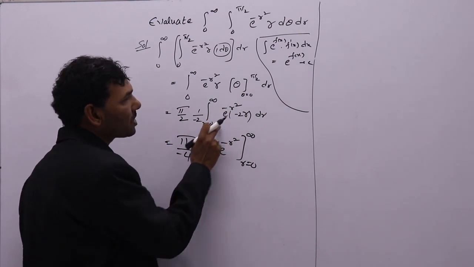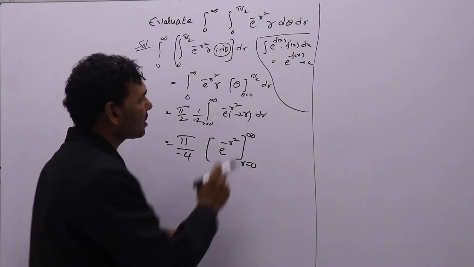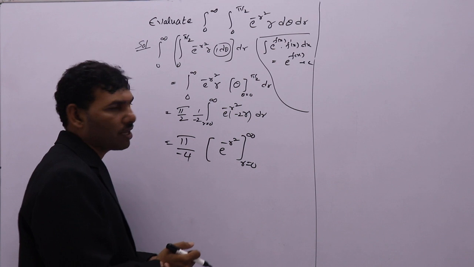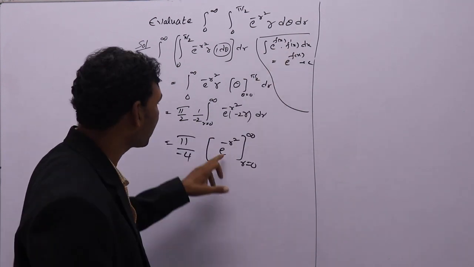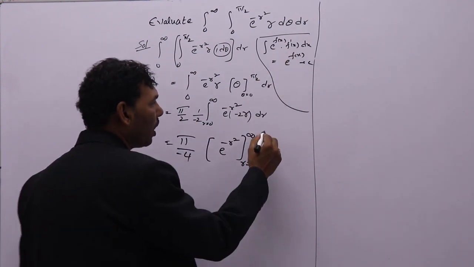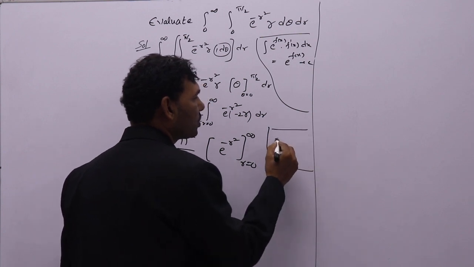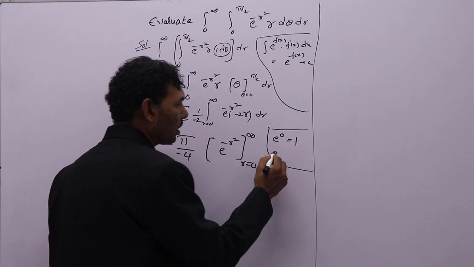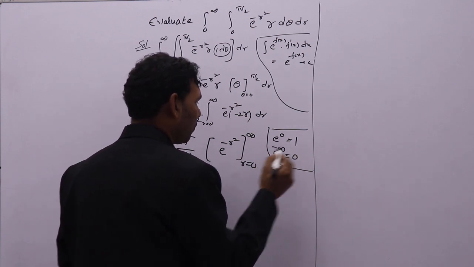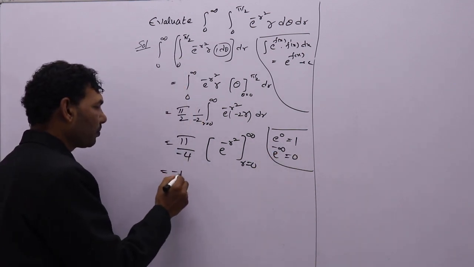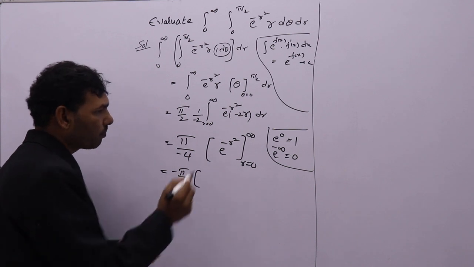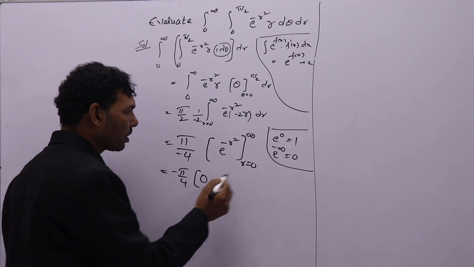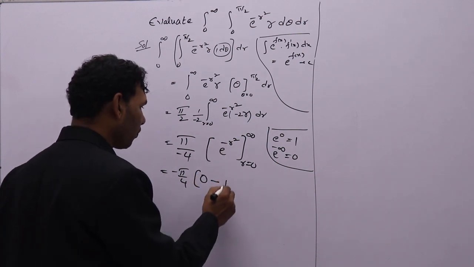Similarly, e power minus r square is e power f of x, with minus 2r the differentiation of minus r square, dr. You will get e power minus r square. You all know that e power 0 is 1, and e power minus infinity is 0. So what happens here? Minus pi by 4 into e power minus infinity 0, e power 0 1.